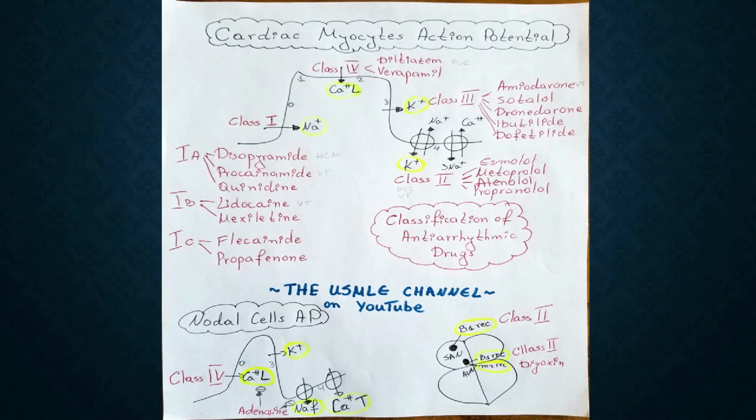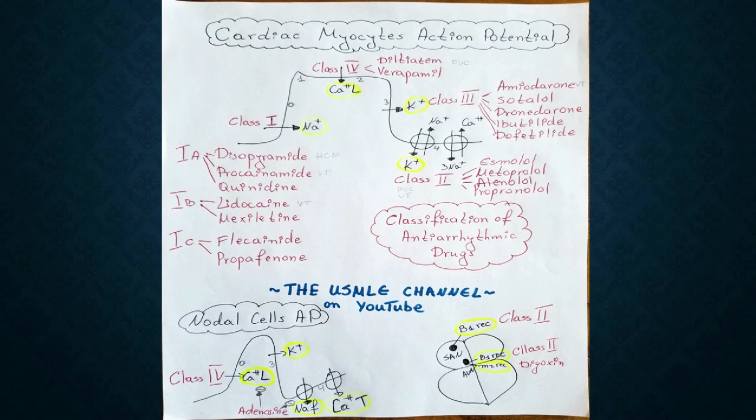Class 2 and class 4 antiarrhythmics decrease the repolarization of the nodal cells, thus increasing the PR interval. Class 2, the beta blockers, not only block the sodium-potassium ATPase channel on the cardiac myocytes, thus decreasing contractility, but also directly block the catecholamines effect at the beta-1 adrenergic receptors at the nodal cells, predominantly at the AV node, thereby decreasing sympathetic activity on the heart and decreasing automaticity and conduction velocity through the AV node.